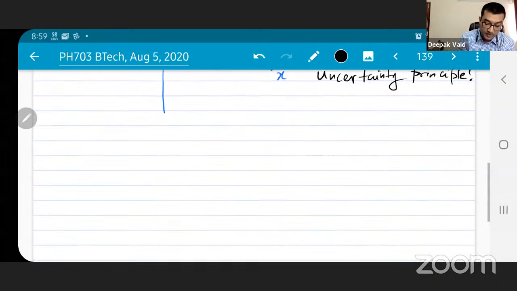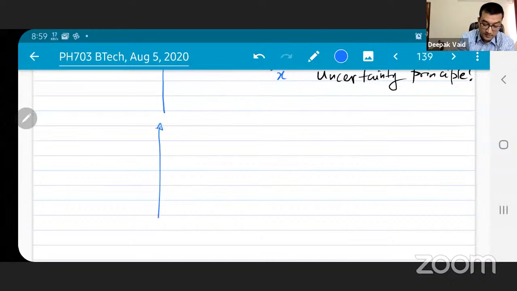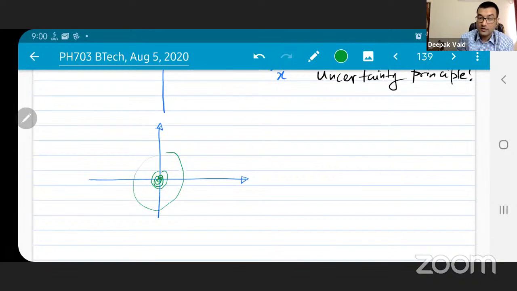If you have a classical particle moving in phase space, it can go to trajectories which are arbitrarily small. Or if you're moving in this part of the phase space, it can go to arbitrarily small areas, right?